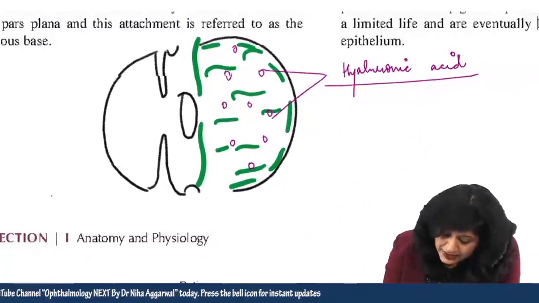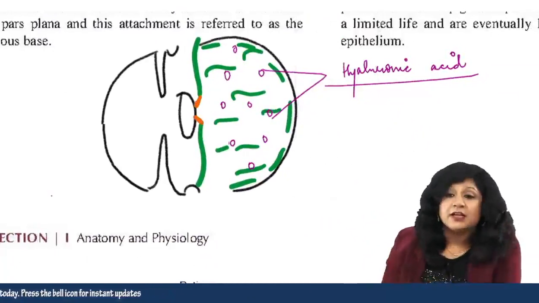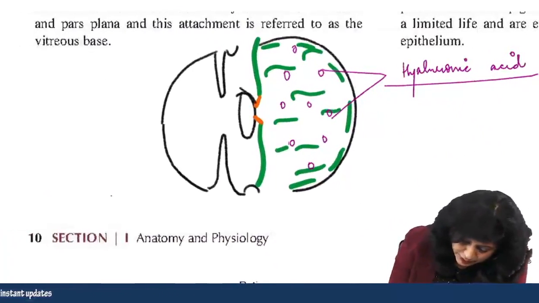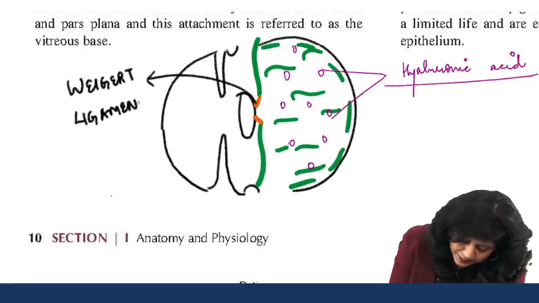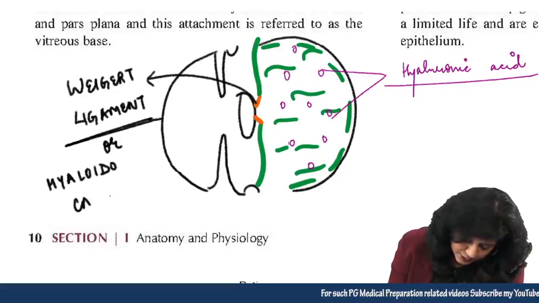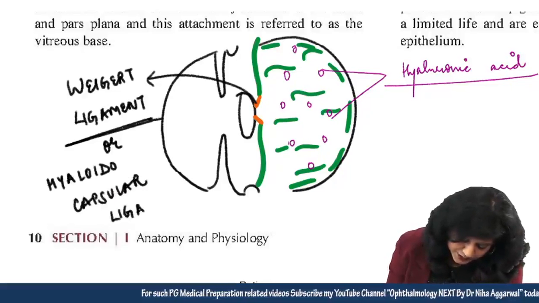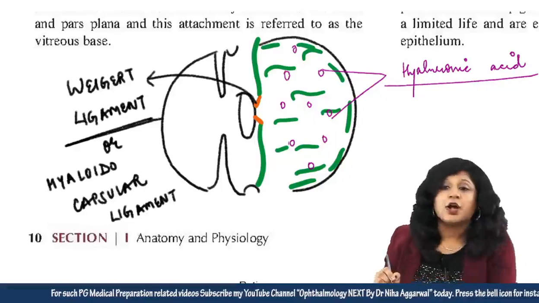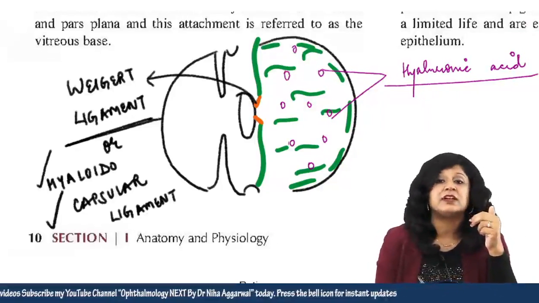Now if you look here, we have a ligament. This is called Wieger's ligament. Wieger's ligament is sometimes also called the hyaloidocapsular ligament, because it attaches the posterior hyaloid membrane to the posterior capsule of the lens.